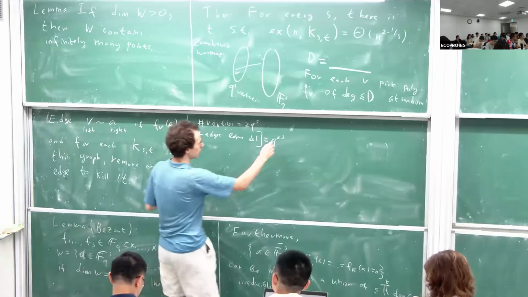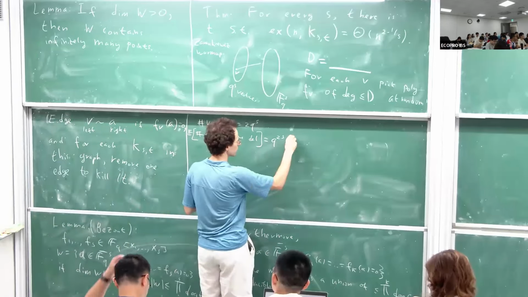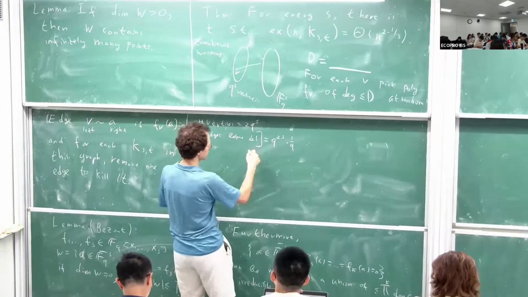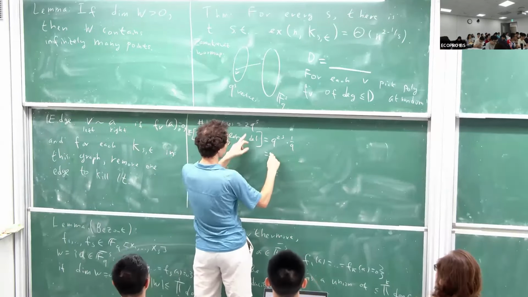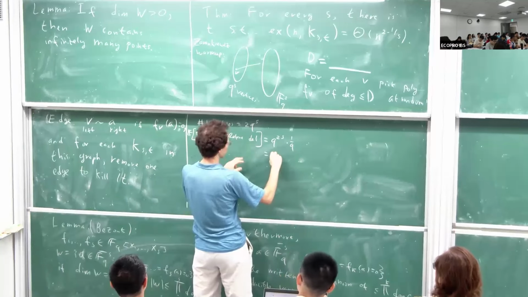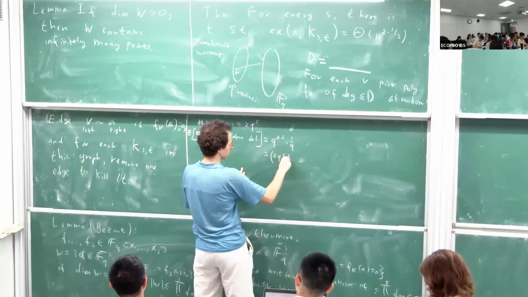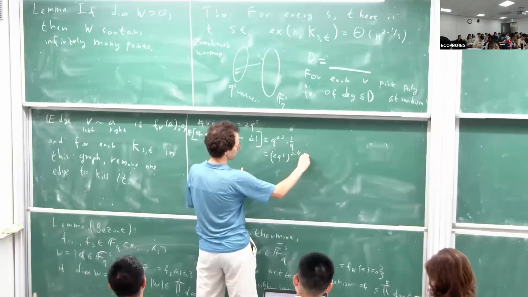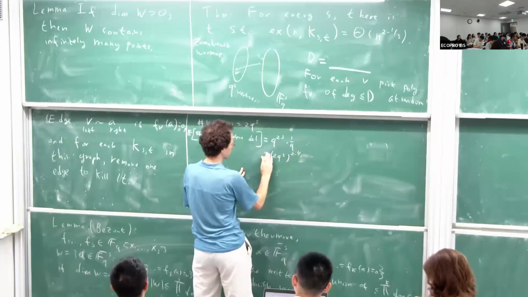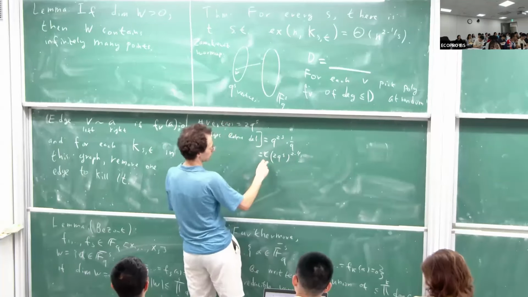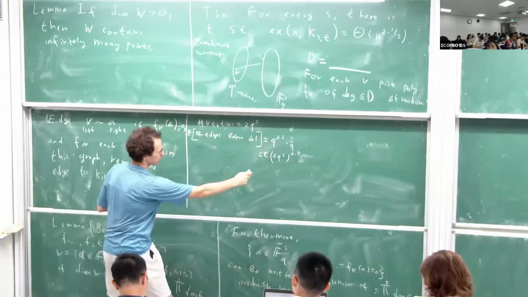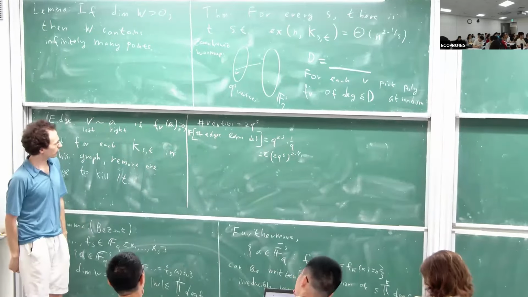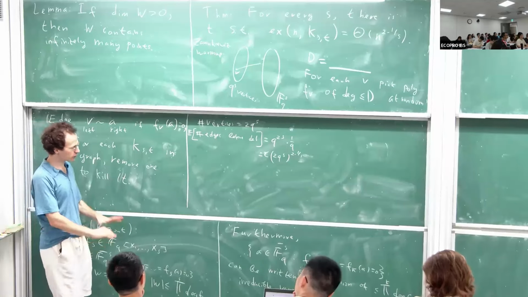So this is times 1 over q, and this is exactly the number of vertices to the power 2 minus 1 over s, times a constant. So the number of edges before deletions is good.